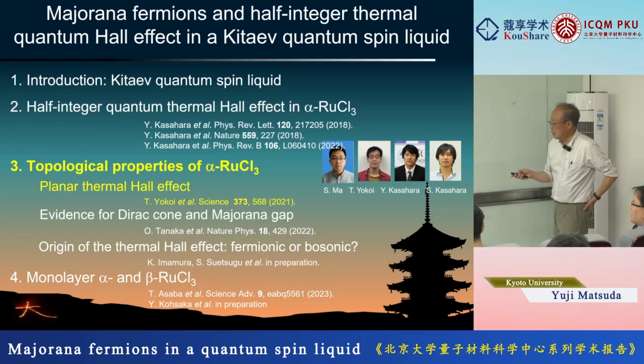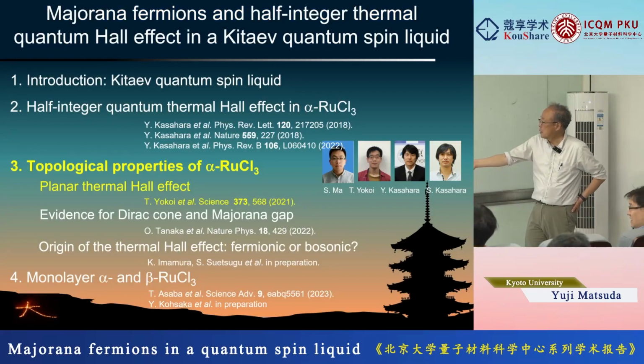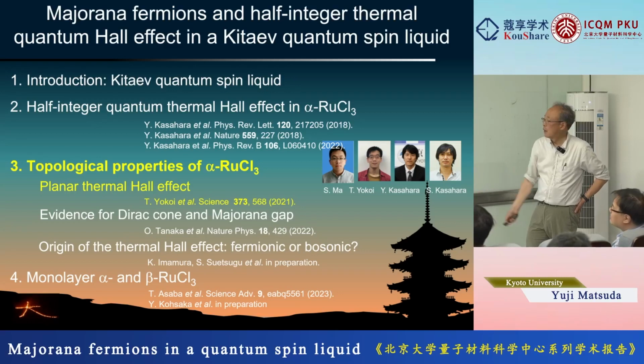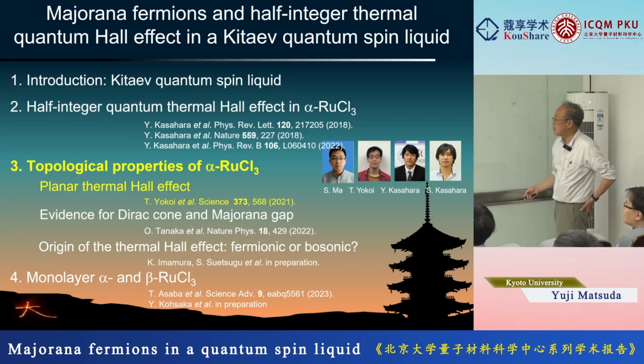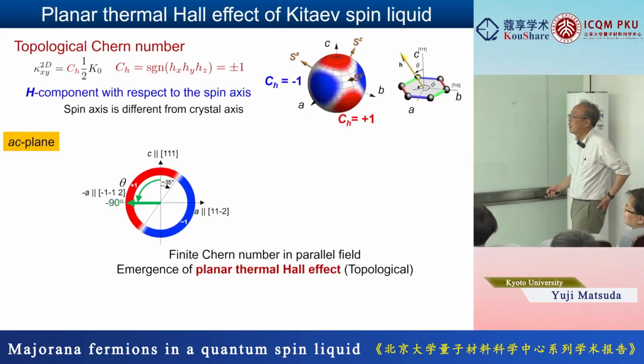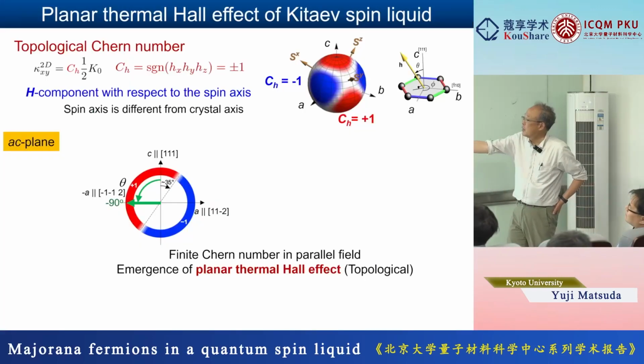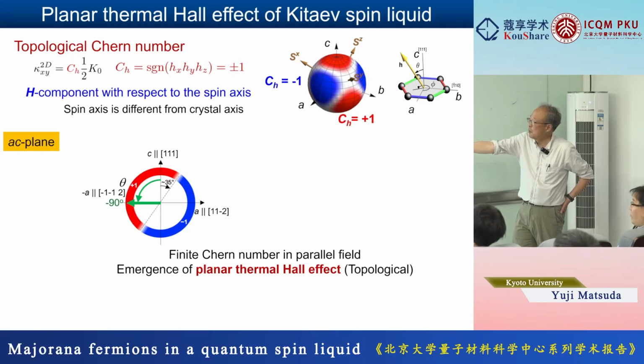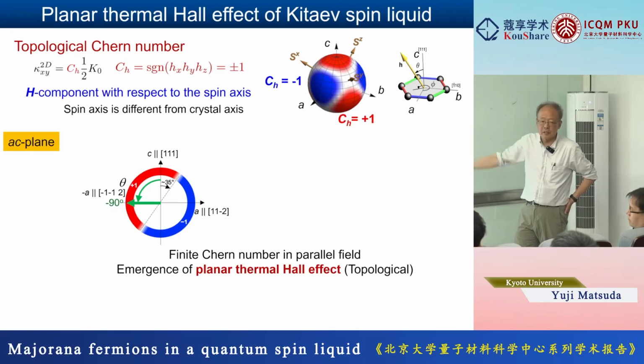Okay, now I'd like to talk about the topological properties of this material. I first discuss the planar thermal Hall effect. The topological Chern number of the Kitaev spin liquid is determined by this equation. And this is a field component with respect to the spin axis.